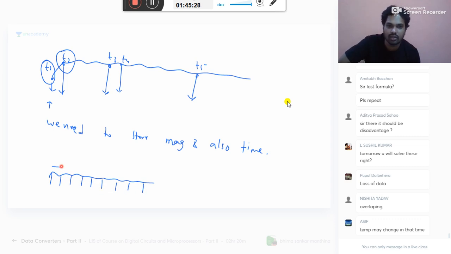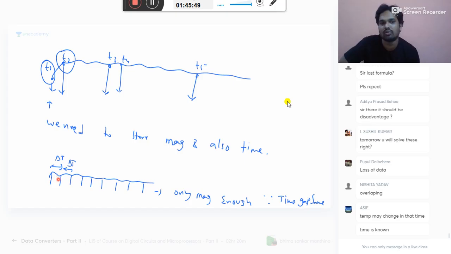Suppose you have it like this, that is, for equal times you are getting the data. Here only magnitude is enough, since the time gap is the same. If you know the first is 1 hour, the second by default is 2 hours, 3 hours, 4 hours, 5 hours, 6 hours, 7 hours. If you know the sample number, you can find the time.